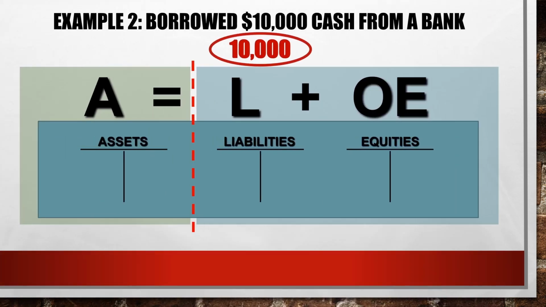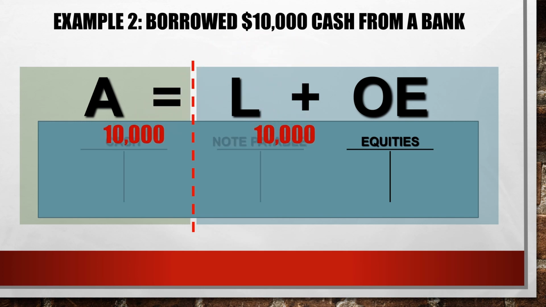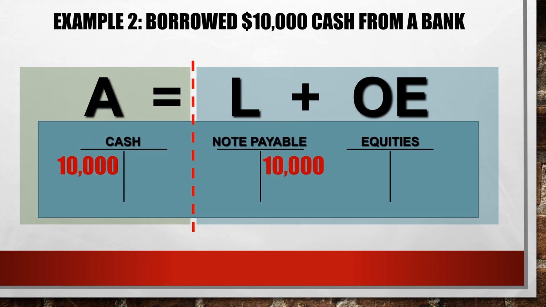In the next transaction, we borrow $10,000 from a bank. Let's see how this transaction is posted to the ledger accounts. The cash account will increase by $10,000. An increase in an asset account is shown with a debit. This amount is put on the debit or left side of the ledger account.